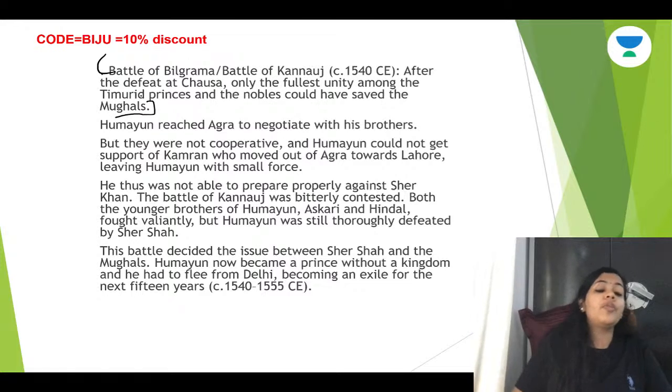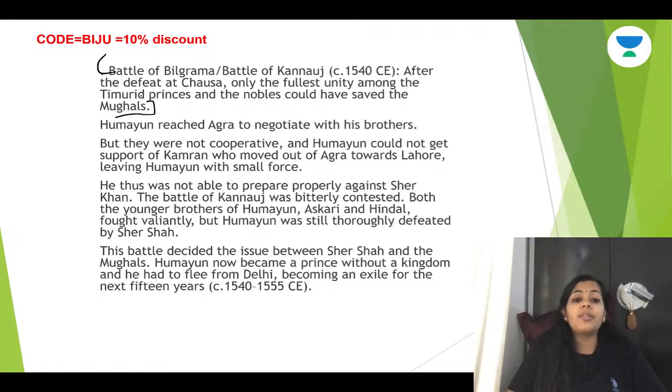See, after this, if all the princes or the nobles had been together, they definitely could have won the war. But what happened is, Humayun reached Agra to negotiate with his brothers. Humayun was kind enough, so he gave his brothers some areas and asked them to rule. Okay, you rule, I don't mind, you are my brothers.